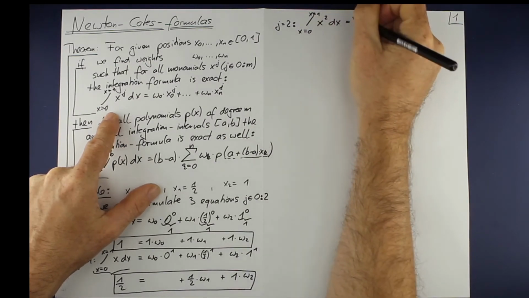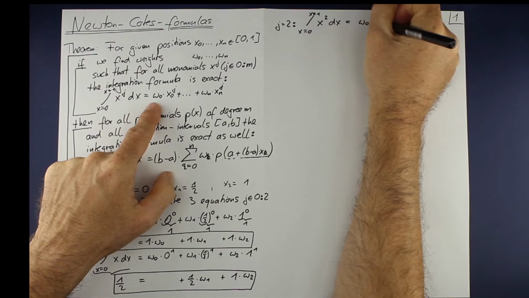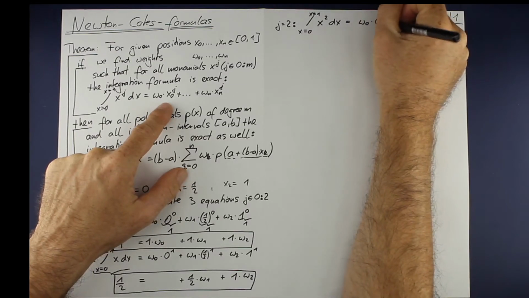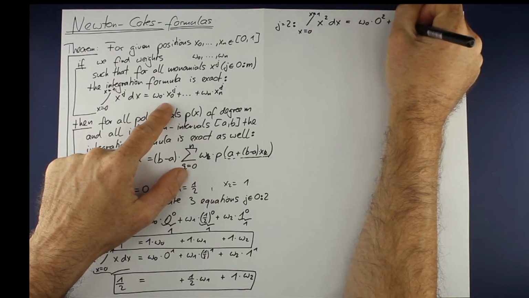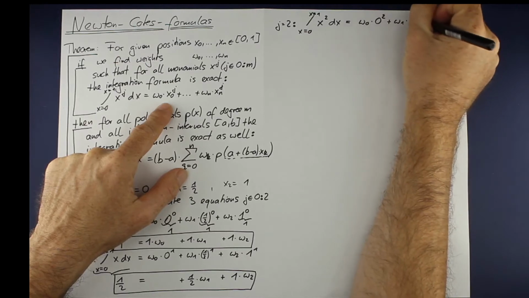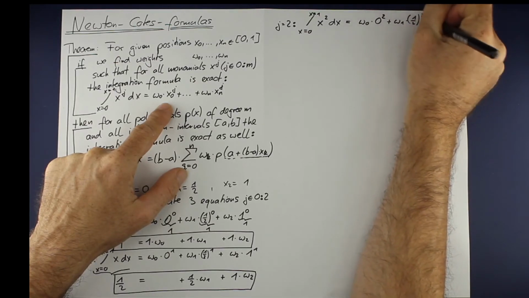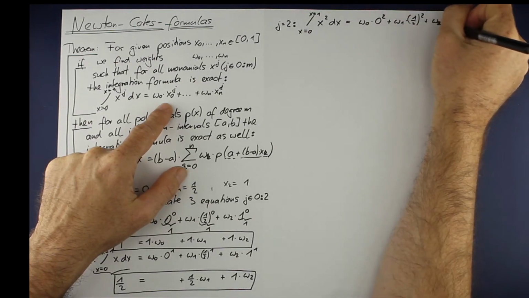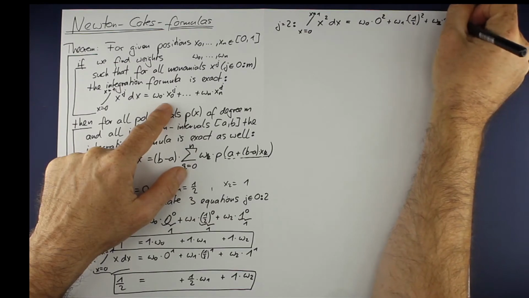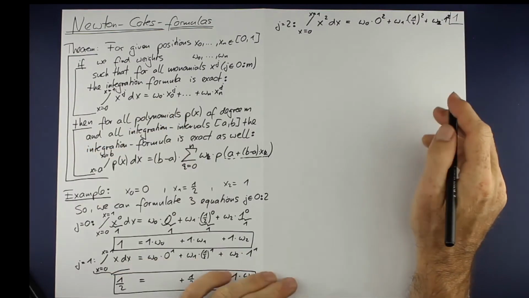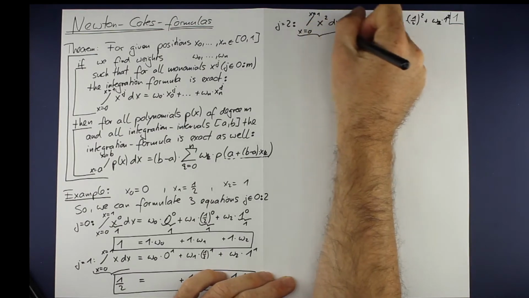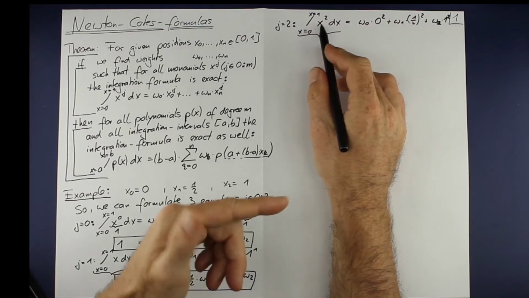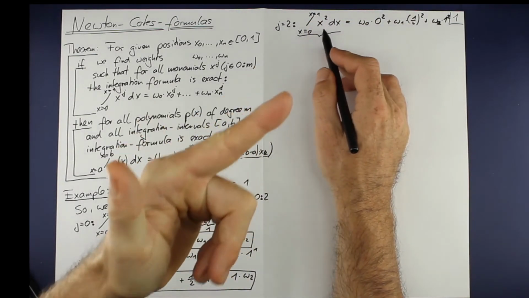Dx is omega 0 times first position to the second power plus omega 1 times second position to the second power plus weight 2 times 1 to the second power. What do we have here? The antiderivative is x cubed divided by 3.